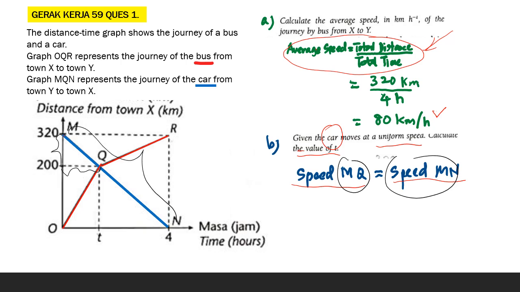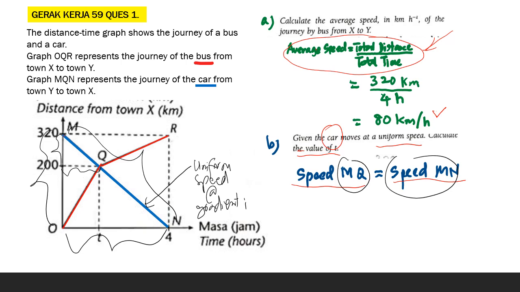So it will be the same value, because it is uniform speed, meaning the gradient is the same.